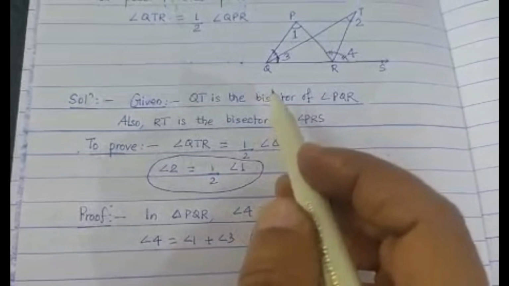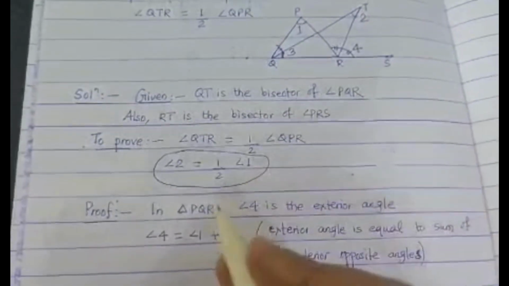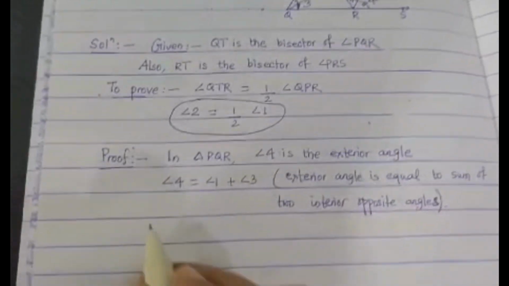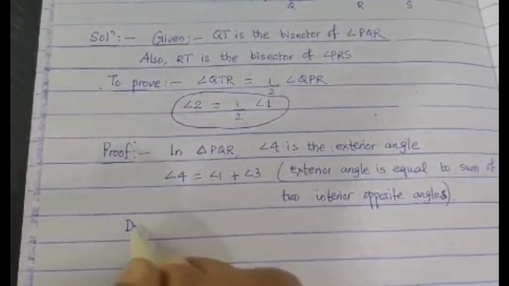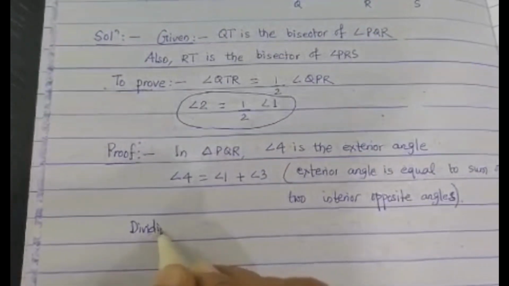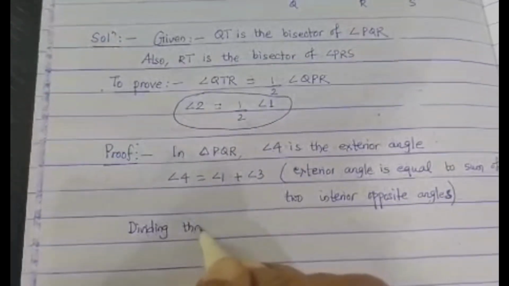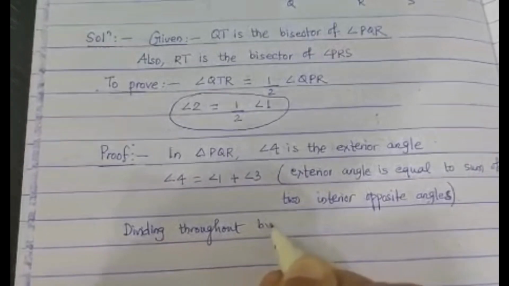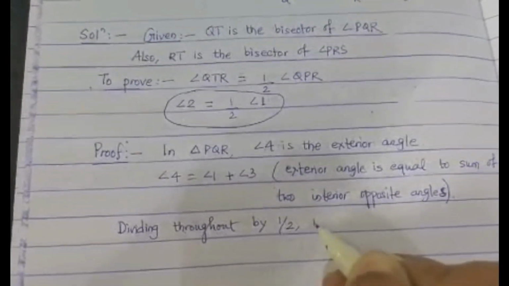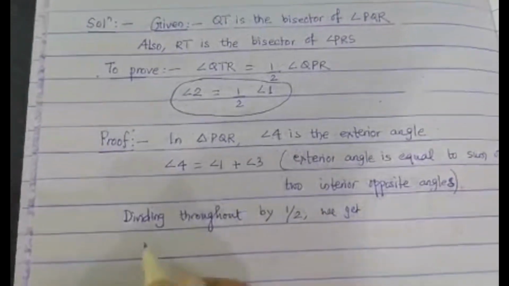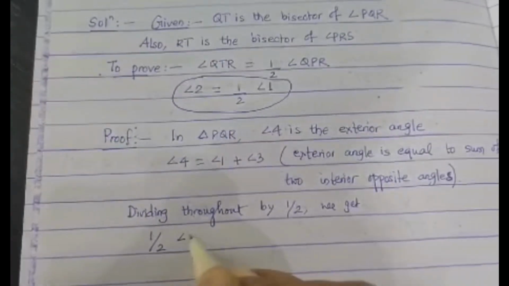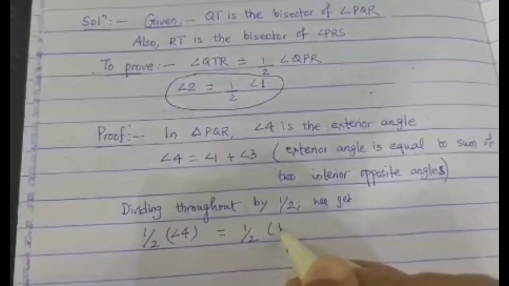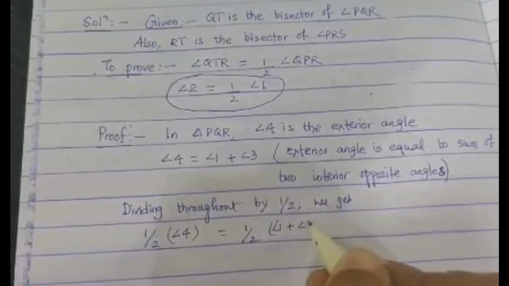Now let us make it half. Multiplying throughout by 1 by 2, we get half of angle 4 is equal to half of angle 1 plus angle 3.